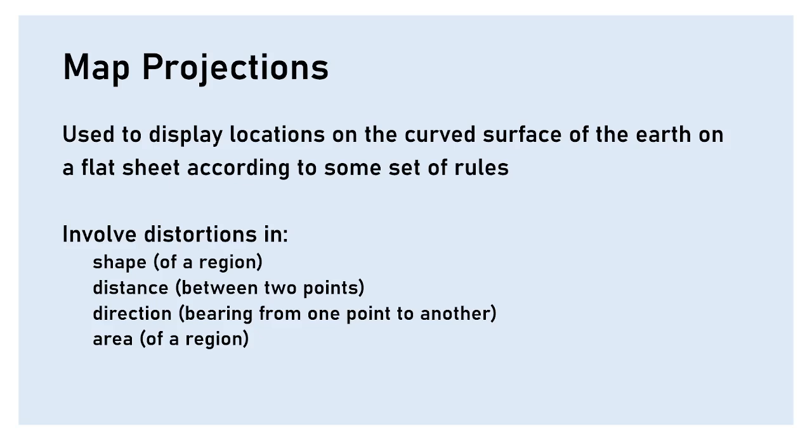Distortions means some kind of changes will be there, on the shape of a region, the distance between two points, the direction from one point to another, or the area. All these things or some of these things will definitely change depending on the rules that you set.